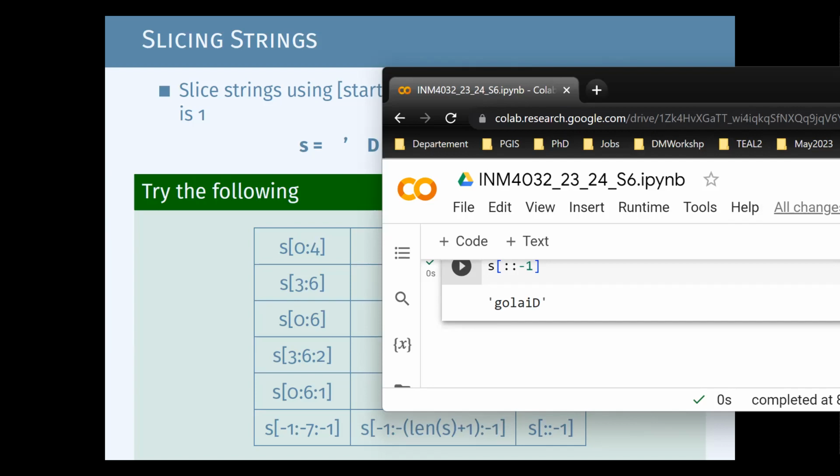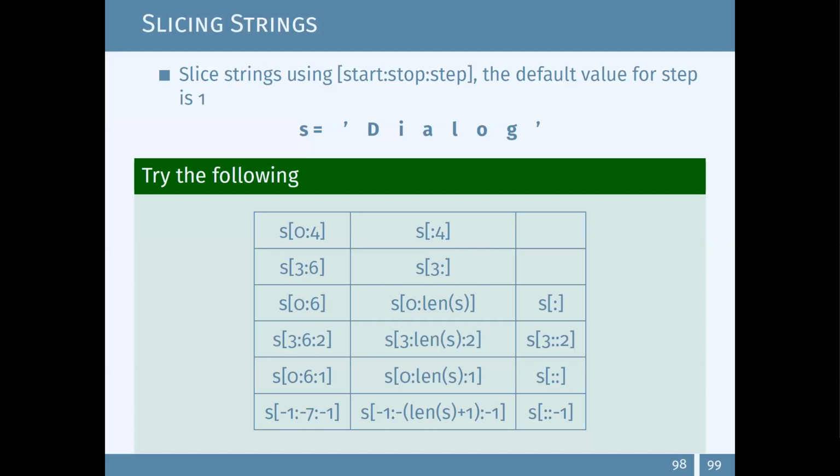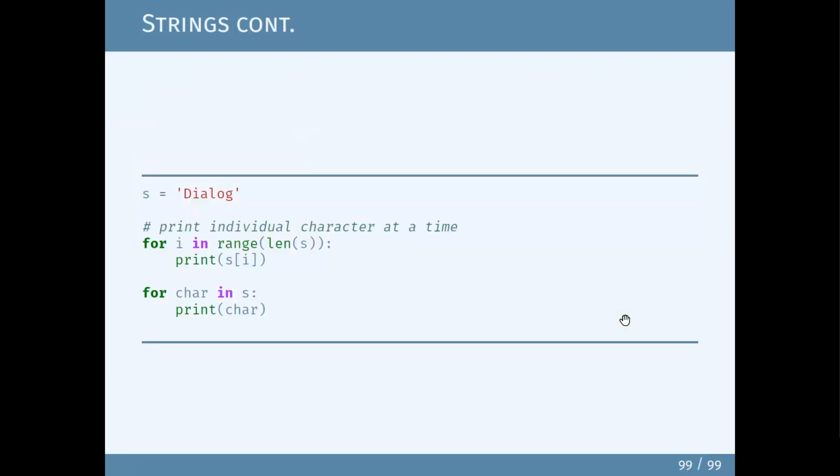Right, okay. The next one, so the last slide that I would like to discuss for today's session, that means how to print separately. In this particular case, we are going to print individual characters at a time. So we can say simply, if you have a string S, dialog, and if you say len S, we have 6 characters.